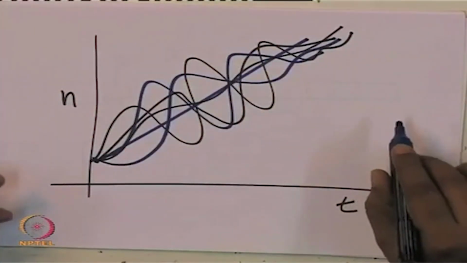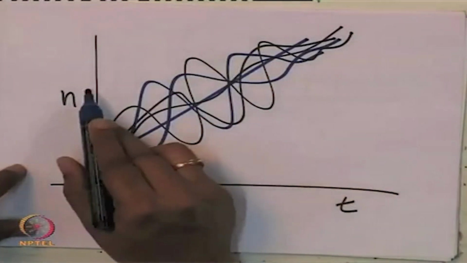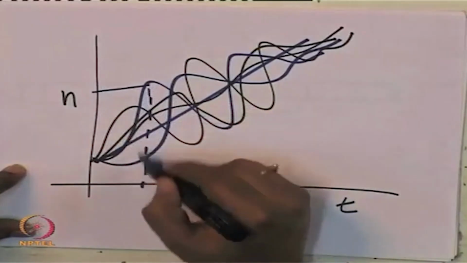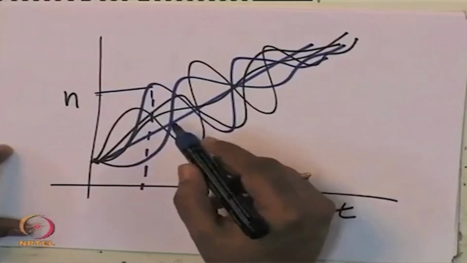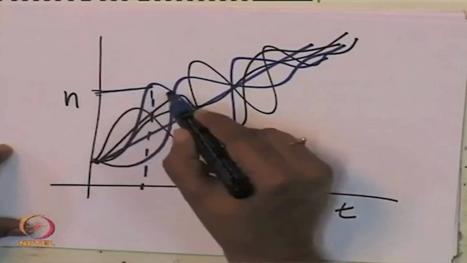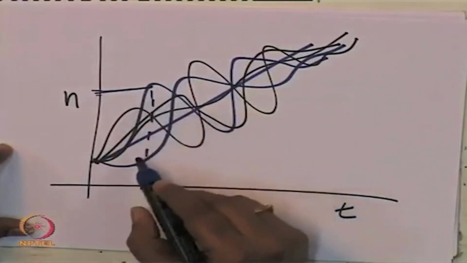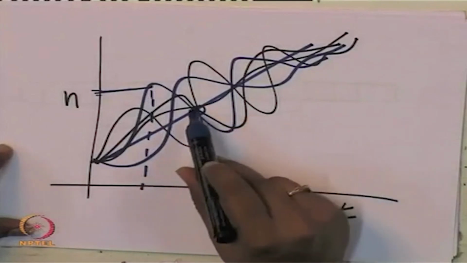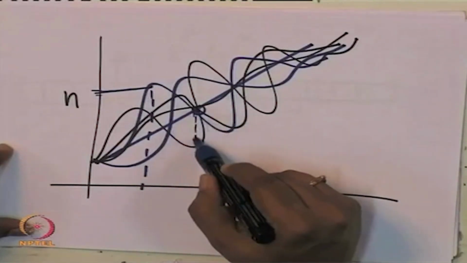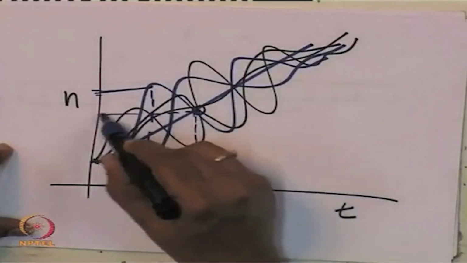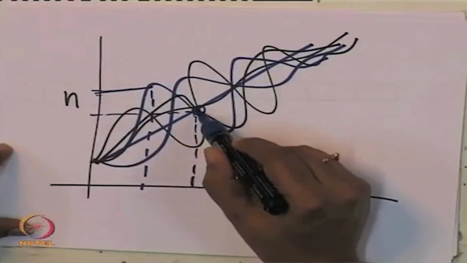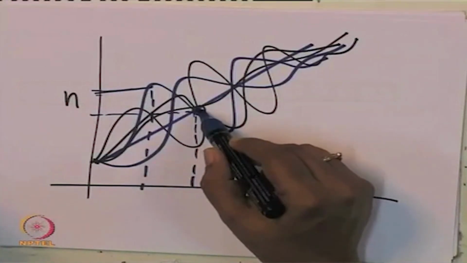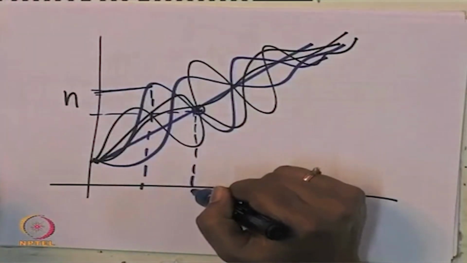So, what does that mean? That means at any particular n and at a particular time, the probability differs. Here, only one configuration has this particular n at this particular time. On the other hand, here there are many configurations at this particular time and at this particular length. So, we can ask how many times it gets this particular length at this particular time.